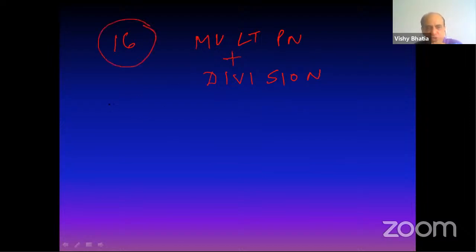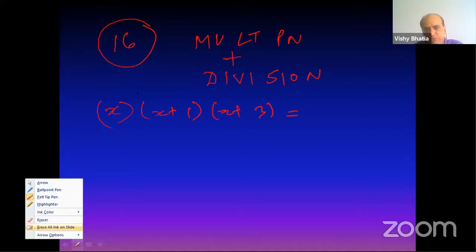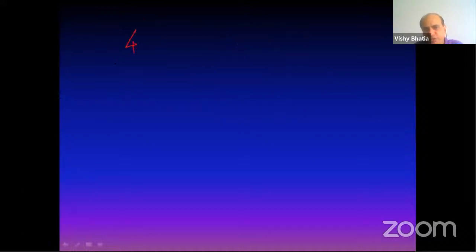Some of them can be used in equations of this type, x multiplied by x plus 1 multiplied by x plus 3 is equal to something, etc. You can divide and use one of those sutras. So that was not my objective here. My objective basically was to showcase that quickly using the 4 methods, you can divide any kind of number by any kind of number.